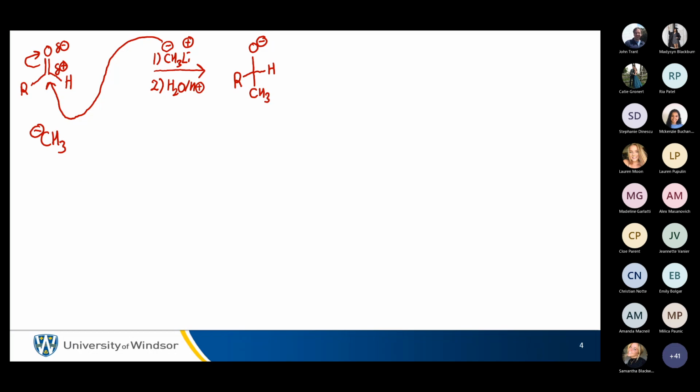Are C minus and O minus about the same level of stability? No, there's no resonance on a C minus or anything. It's just C minus.